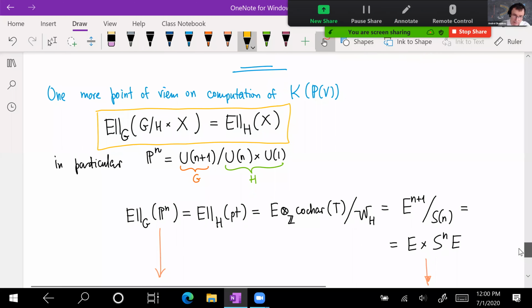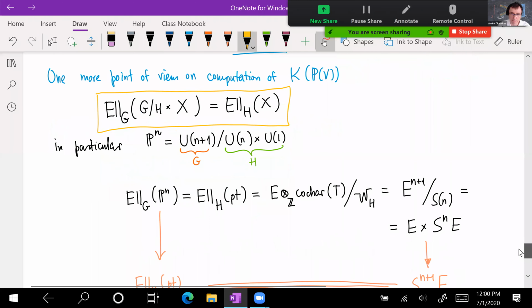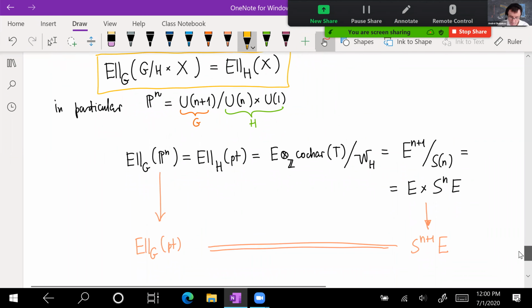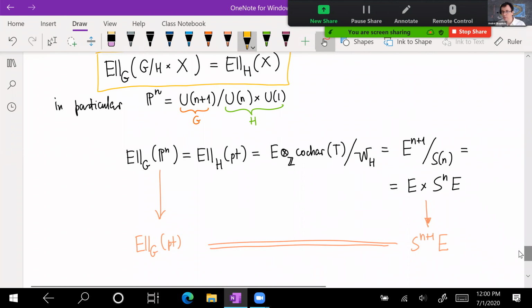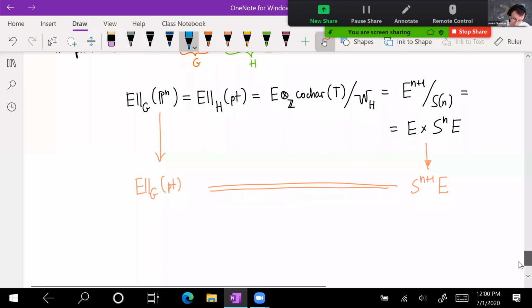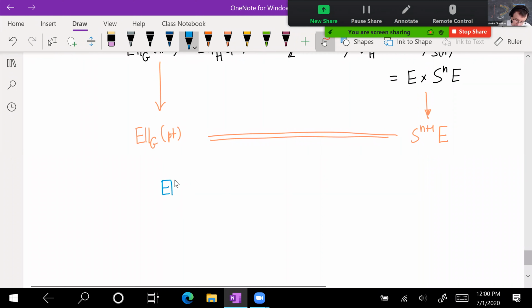Yellow means that for any space X, since we've computed not just the homology of projective space, but the homology of projective space with respect to any bundle, particularly the trivial bundle, we have that for any space X the elliptic homology of H of X is a pullback, from this yellow square.